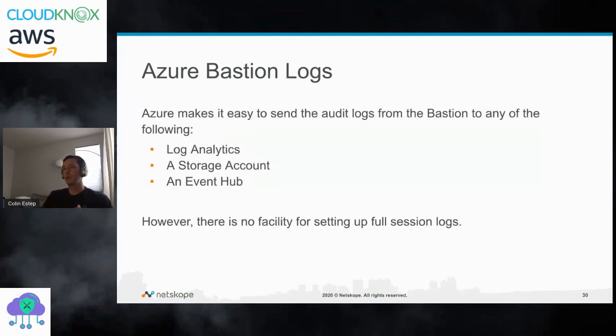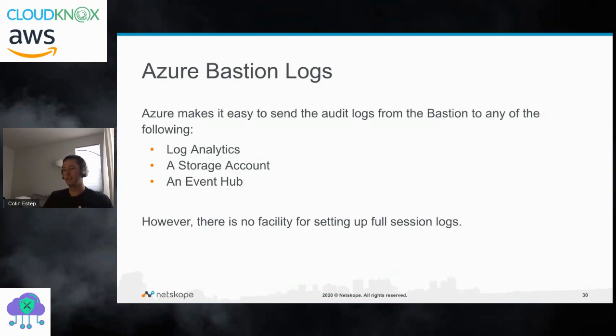And again, with this provider, you get similar support. Azure makes it really easy. You don't get it quite for free, but it's so easy to set up and send it off that it's pretty much free. You just have to tell Azure where you want to send the audit logs from the Bastion. These are the three choices: Log Analytics, a storage account, or an event hub.